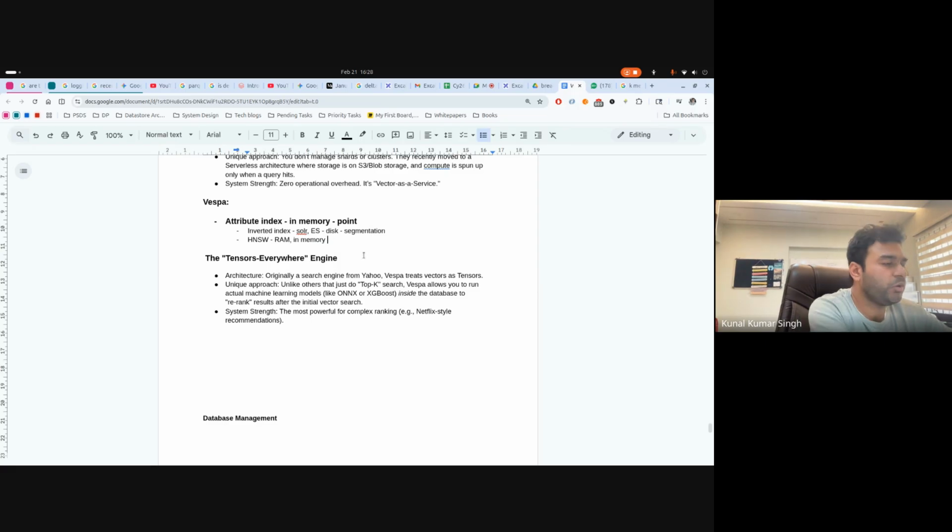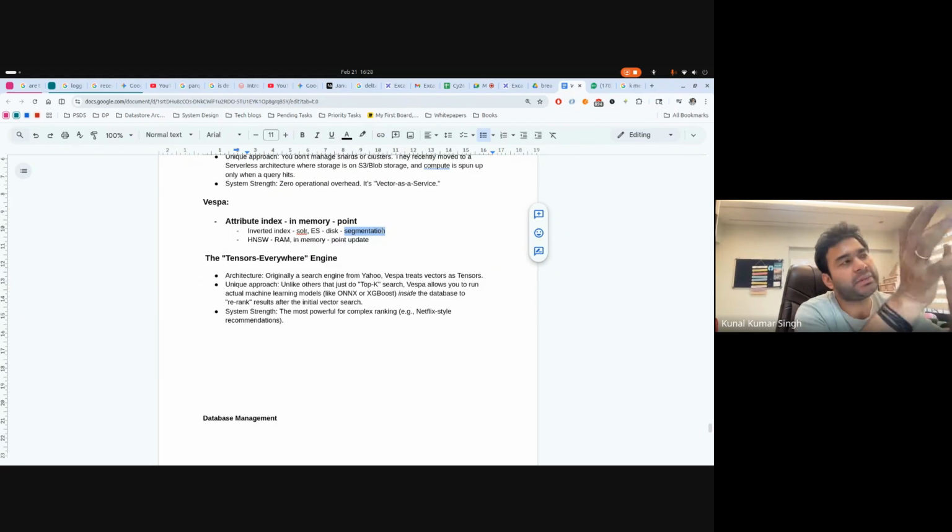In HNSW also you can do a point update, right? But in case of documents, you don't do a point update. What you do is you create one more copy of the update, and then at the time of reading, you'll have to look at both the copies.